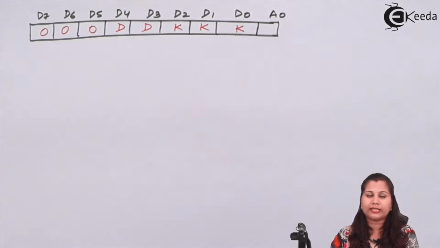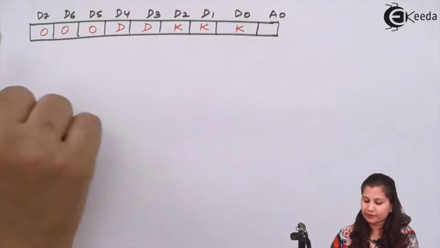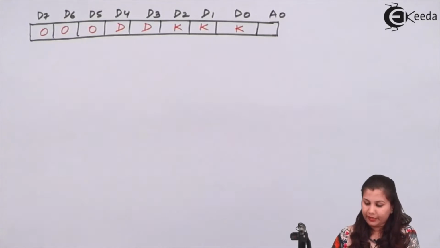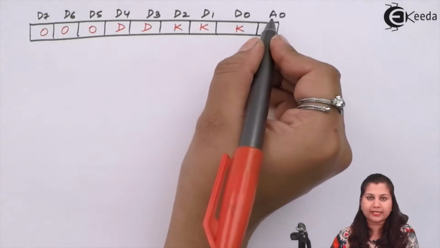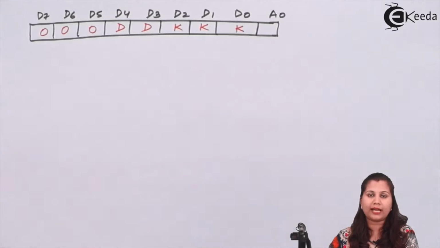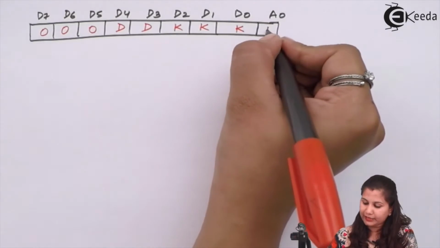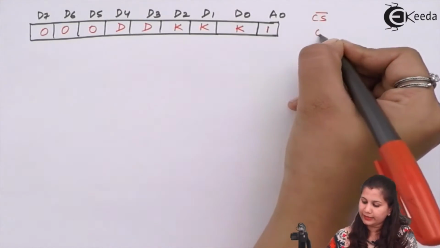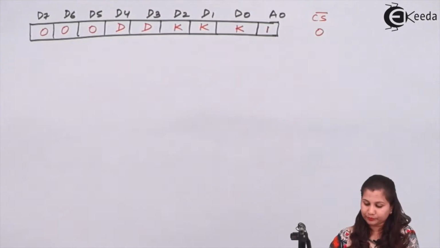The command word consists of 8 bits starting from D7 to D0. D7 is the most significant bit, and D0 is the least significant bit. Here we have also written the status of the A0 line. I have said that A0 has to be 1 and CS bar has to be 0, so here I am writing the status of A0 as 1 and the CS bar signal as 0.